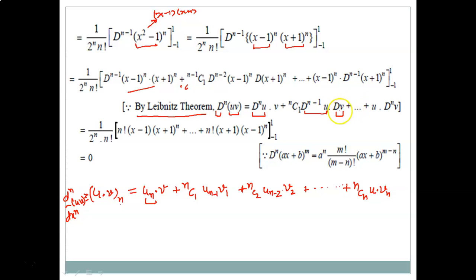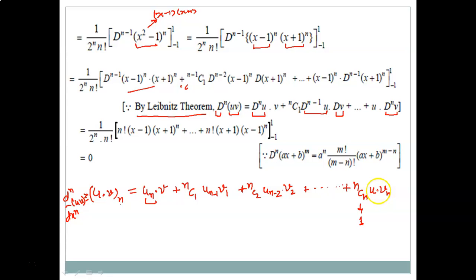In the next term you will have nC2, the n minus 2th derivative of u and the second derivative of v, which we simply write v2. And in the last, nCn, whose value is 1, u as such and the nth derivative of v, and we can write it like this.